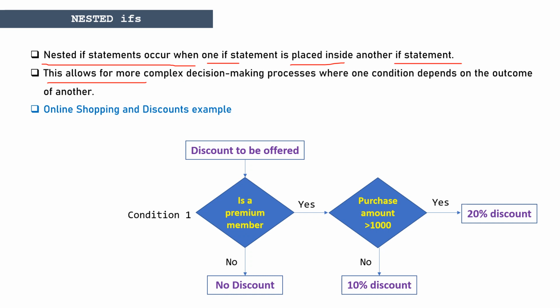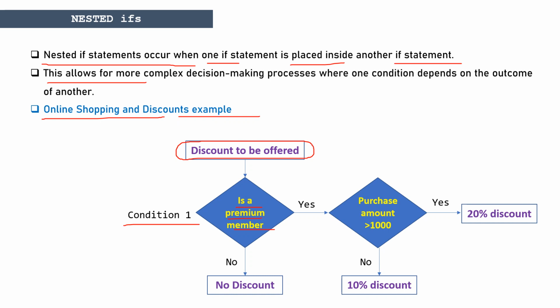Take the example of online shopping and discounts. Let us first read the aim of this program. The aim is to calculate the discount to be given to a particular customer. The first condition we check is: is the member a premium member? Whoever is coming to your shop, you first have to check whether he or she is a premium member.